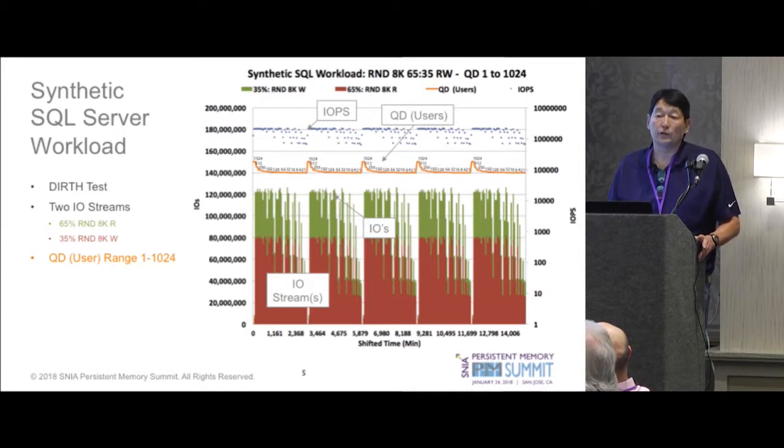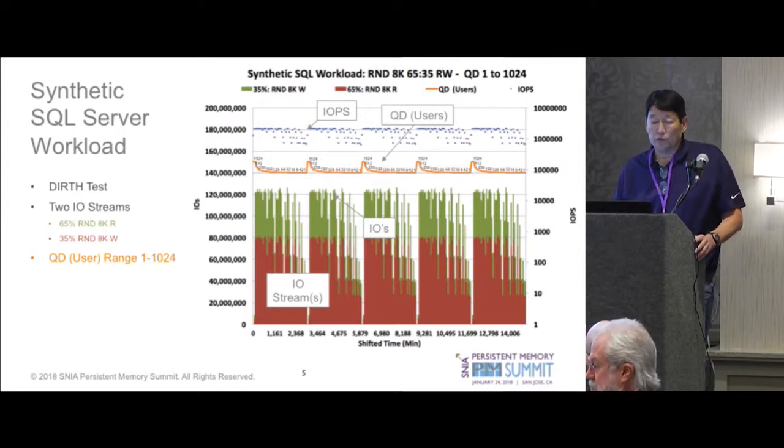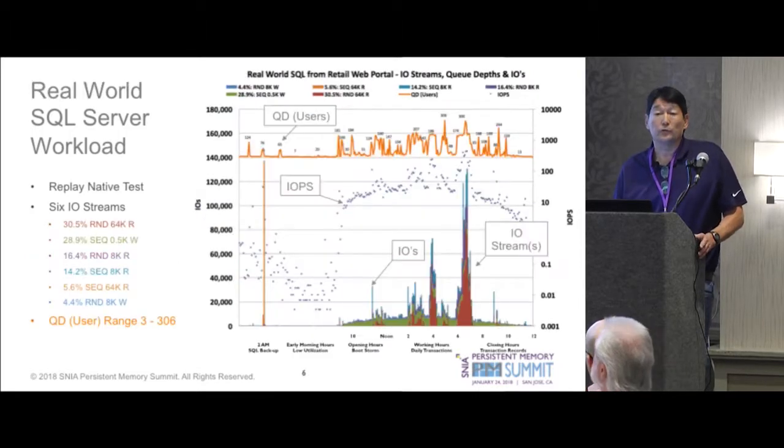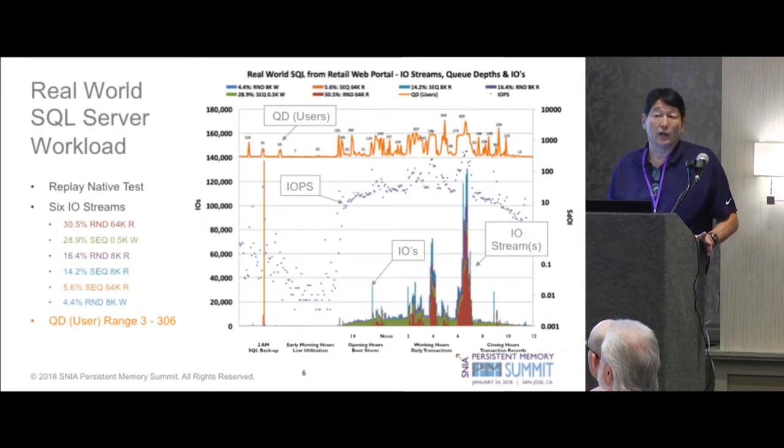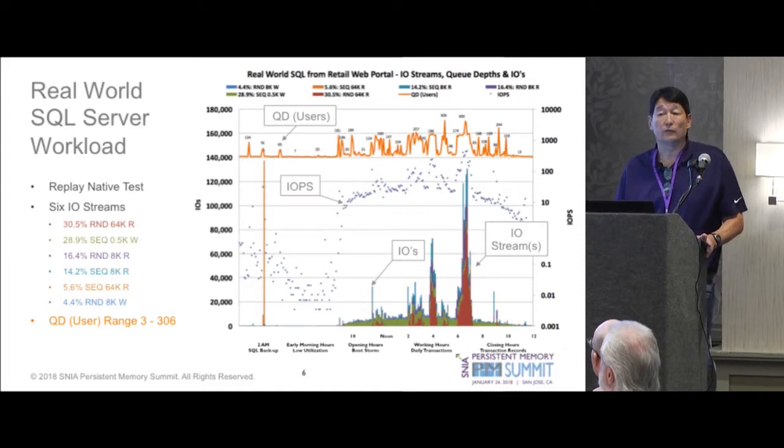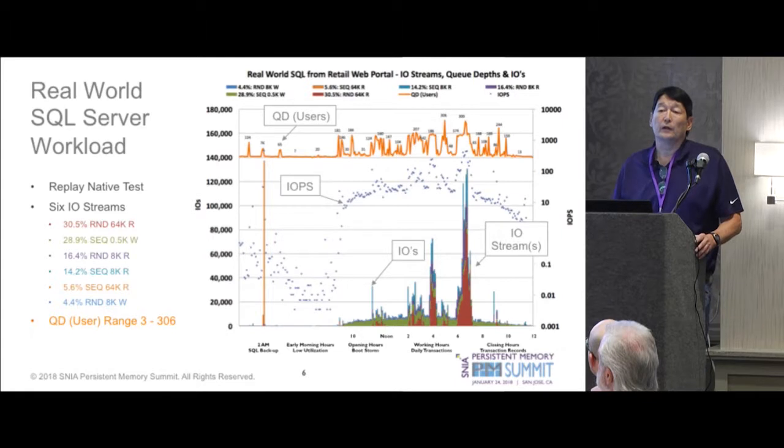The difference here is that instead of having 1 or 2 I/O streams, we have many. The actual observed workload had 1,000 I/O streams, but 6 or 9 of them comprised 70 to 90% of the workload. So we extracted or filtered out all the SQL Server identified I/Os and looked at those.